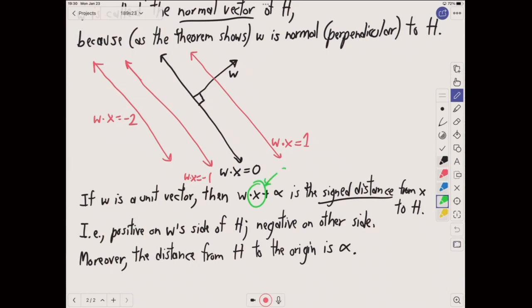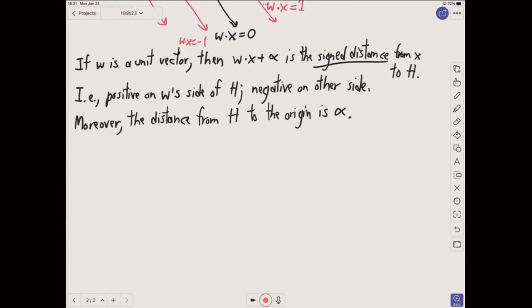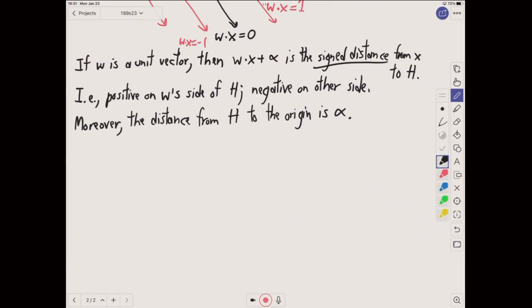If you stick 0 here as x, the origin, then you get alpha. So that's the signed distance. So alpha is 0 if and only if the hyperplane h happens to pass through the origin.